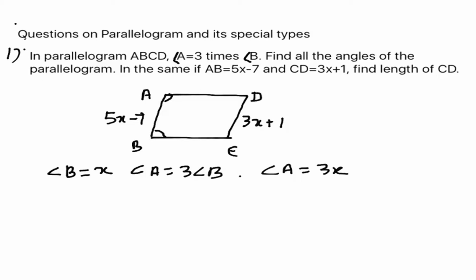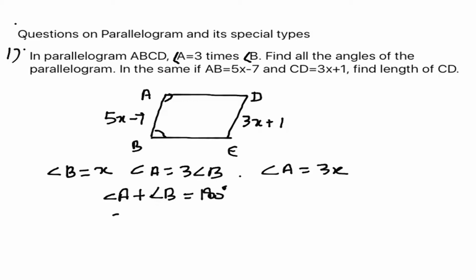Now in a parallelogram we know a property: adjacent angles are supplementary, and here angle A and angle B are adjacent angles. So we can write angle A plus angle B is equal to 180 degrees, as this is one of the properties of a parallelogram that we already explained.